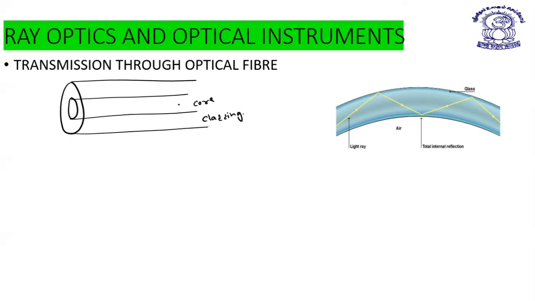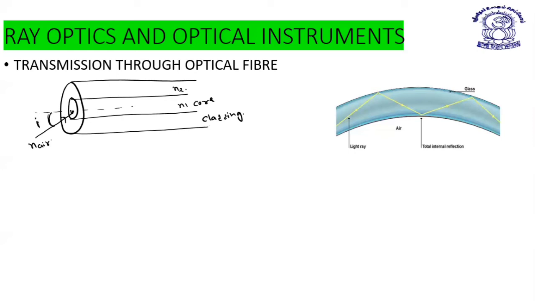Refractive index of core is N1 and refractive index of cladding is N2. Now, light is incident at a certain angle from air. Its angle of incidence is I.